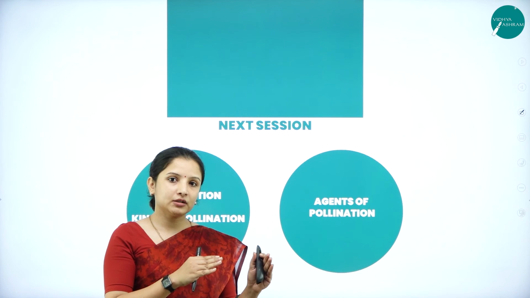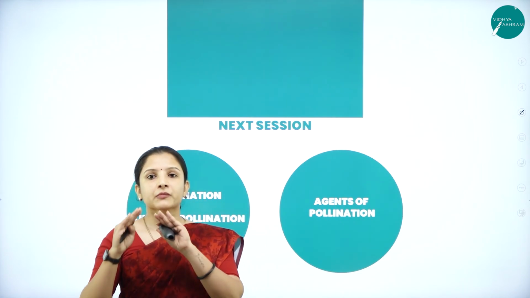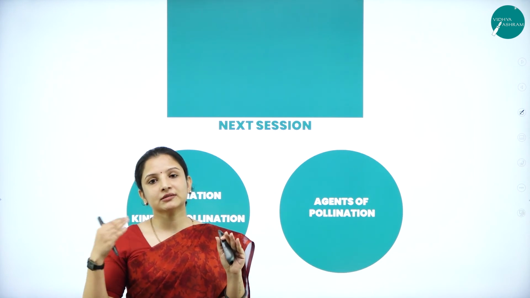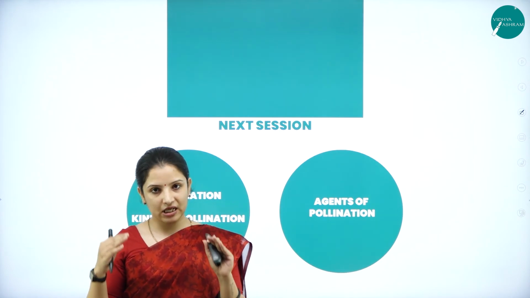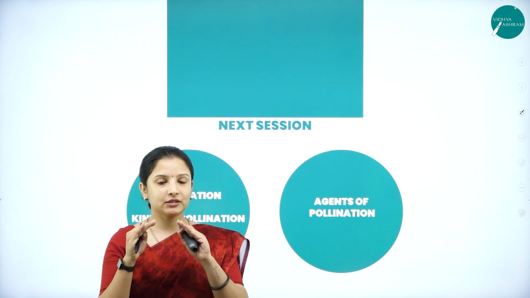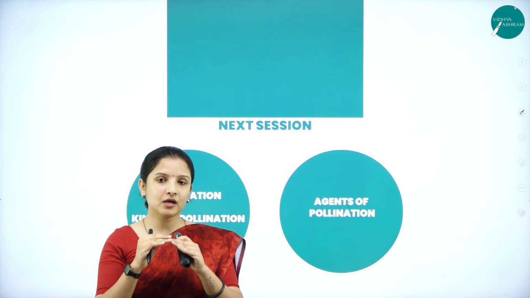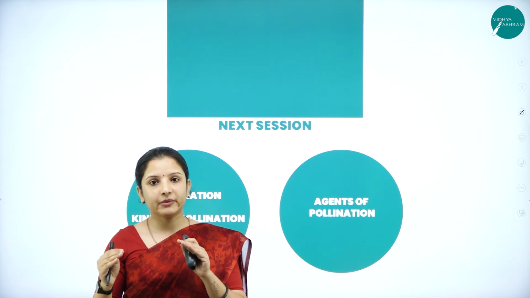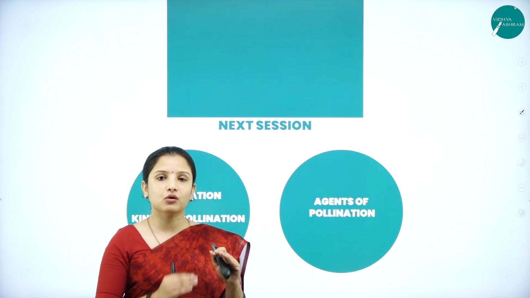The pollen grains will be carried to the stigma of the same flower, or to the stigma of a different flower of the same species. Once the pollen grains get deposited on the stigma, they will germinate and carry the 2 male gametes through the pollen tube into the ovary.